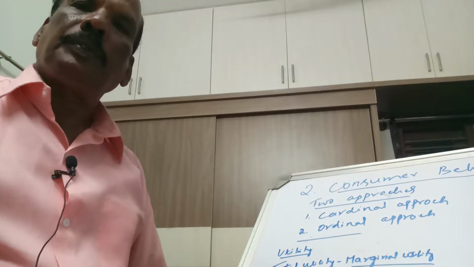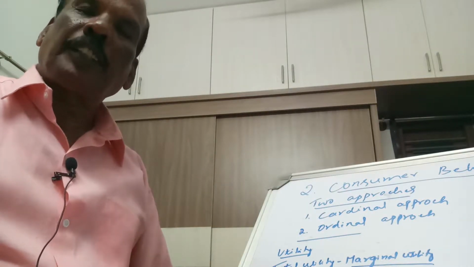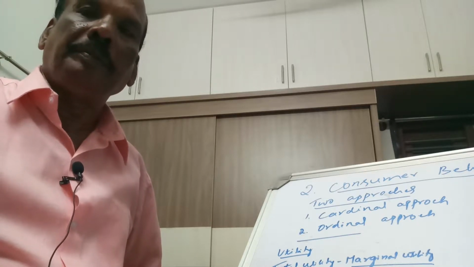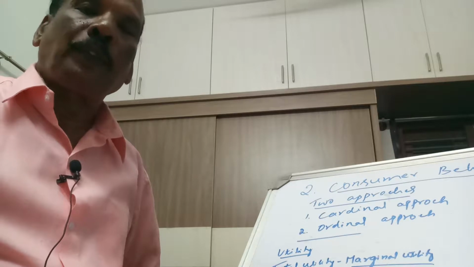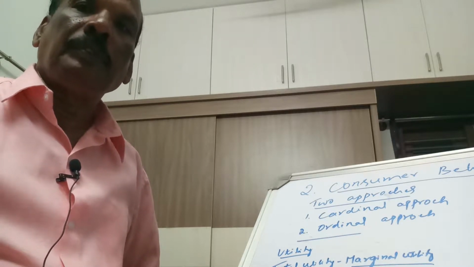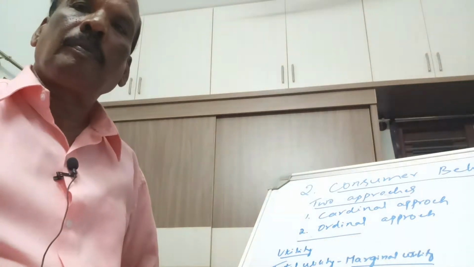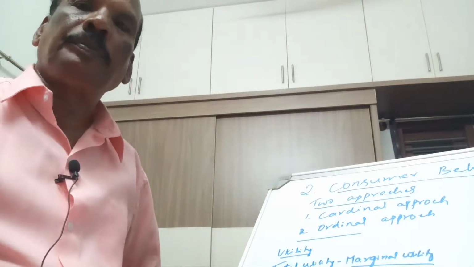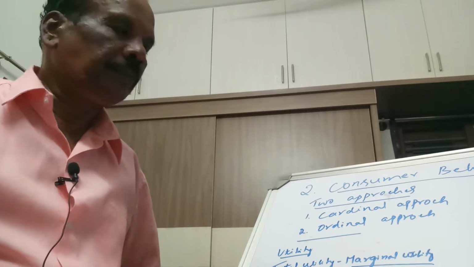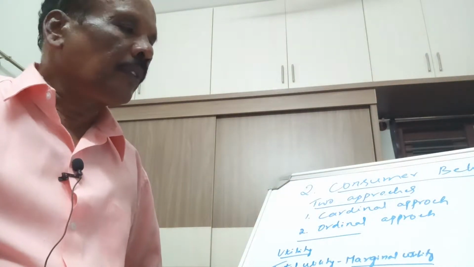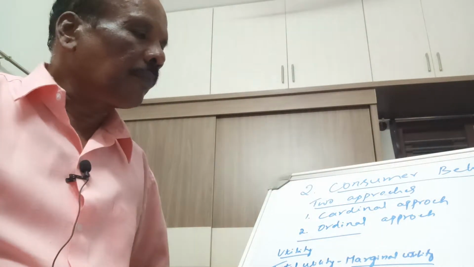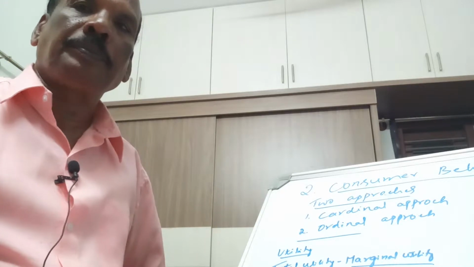This chapter seeks to explain how a consumer behaves in order to satisfy his wants with minimum resources. There are two approaches which explain consumer behavior: the Cardinal Approach and the Ordinal Approach.